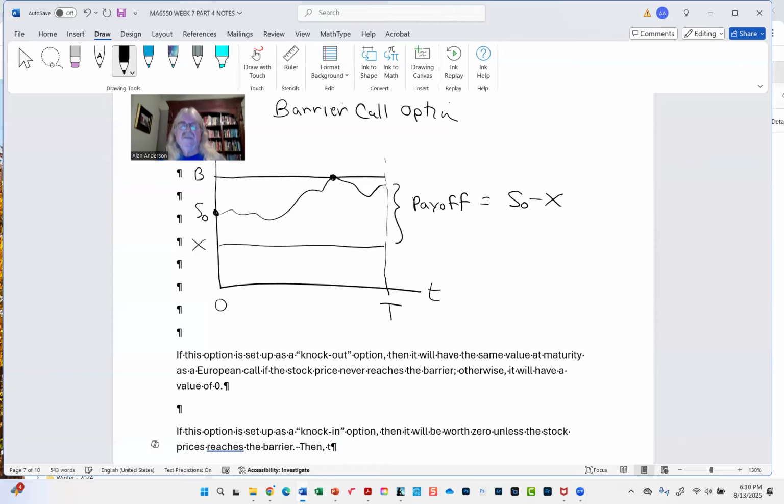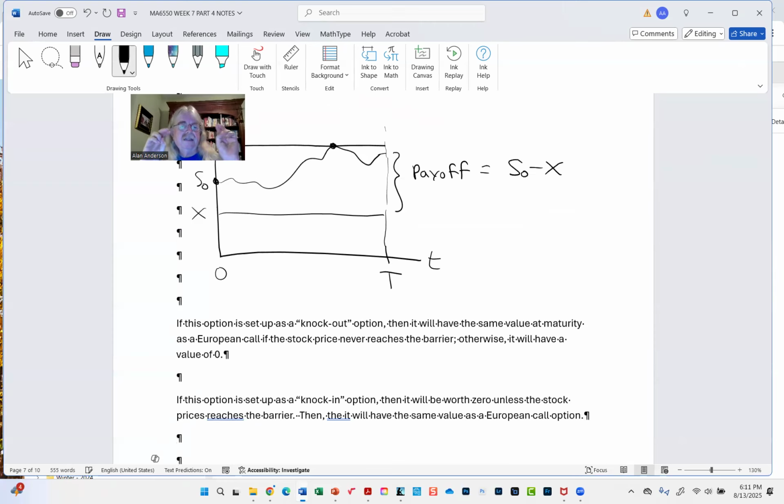Then it will have the same value as a European call option. In other words, the option is knocked in. So whether it becomes valuable or not when you reach the barrier depends on whether it's a knock-in or knockout option.